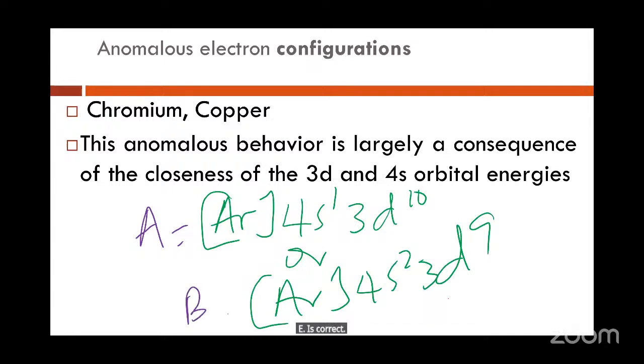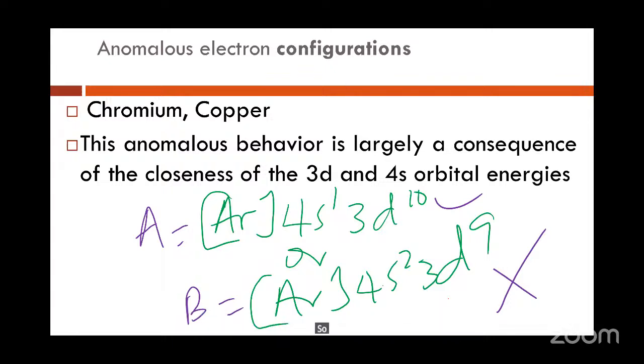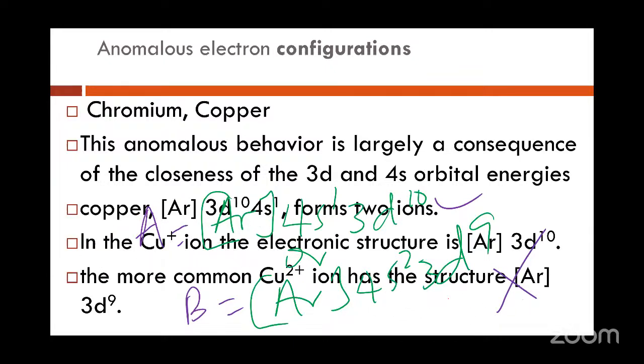B is not correct. So A is the correct one to show you, and you see this in many electronic configurations. So please note all that, and you can also use it to look at the various ions that are possible.